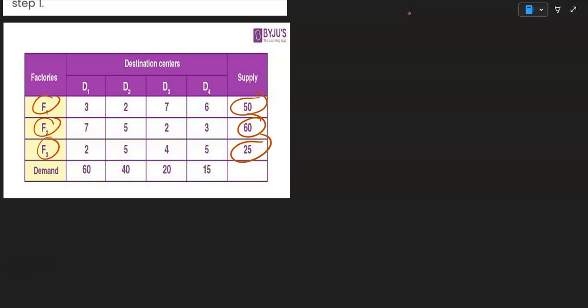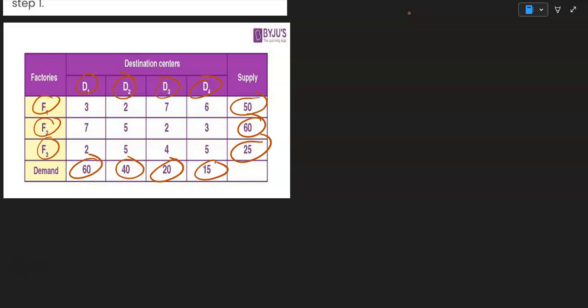And we have destination 1, destination 2, destination 3, destination 4. Destination 1 wants a demand of 60. Destination 2 wants 40, destination 3 wants 20, and destination 4 wants 15.